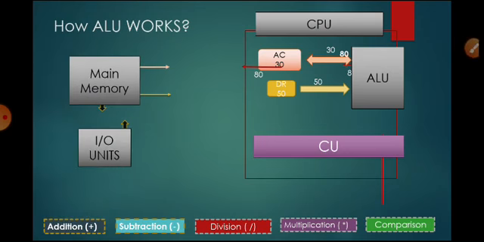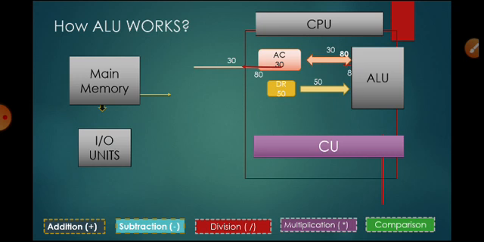Okay, in this slide, we will understand how ALU works. First of all, data comes from the input unit to the main memory. Then main memory sends that data to the CPU.